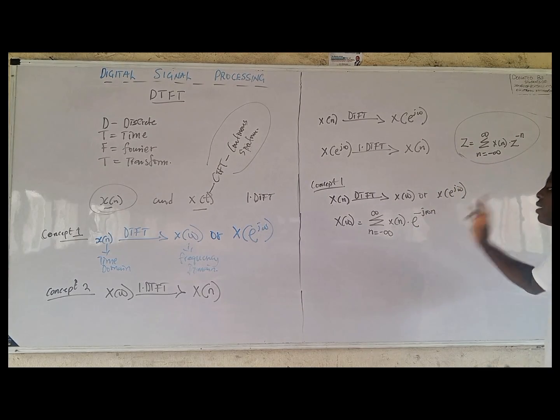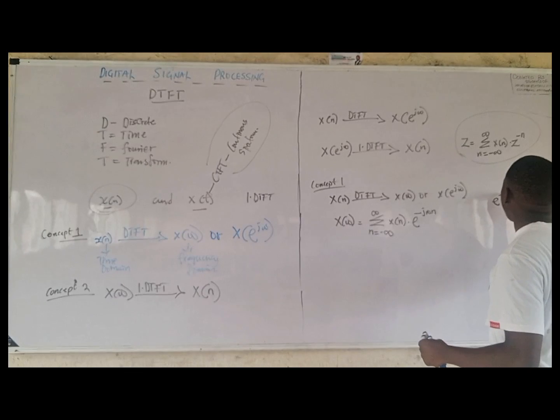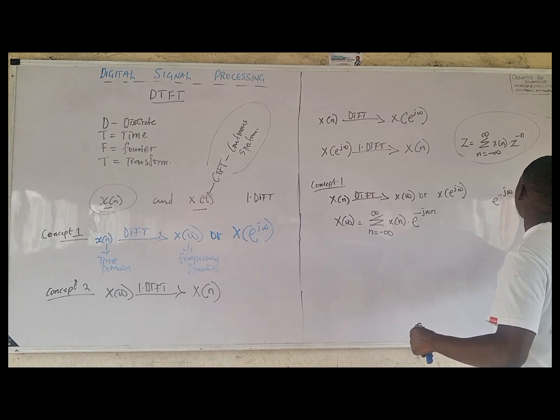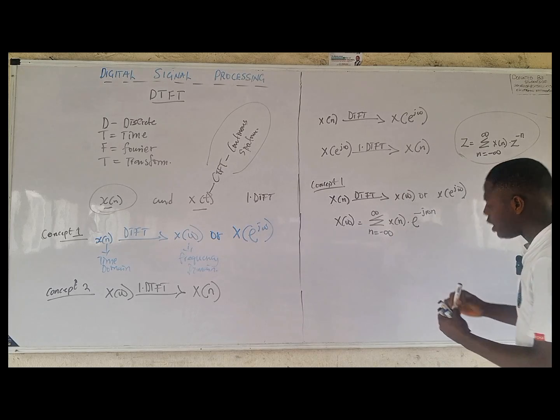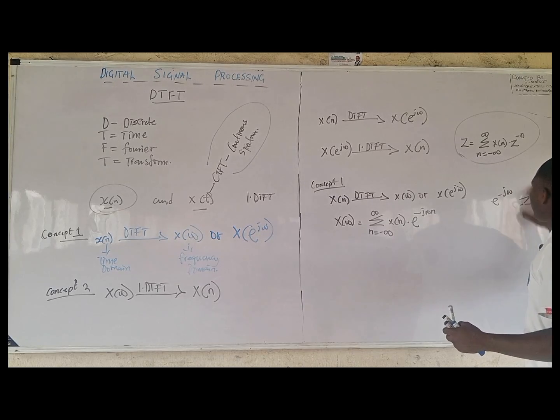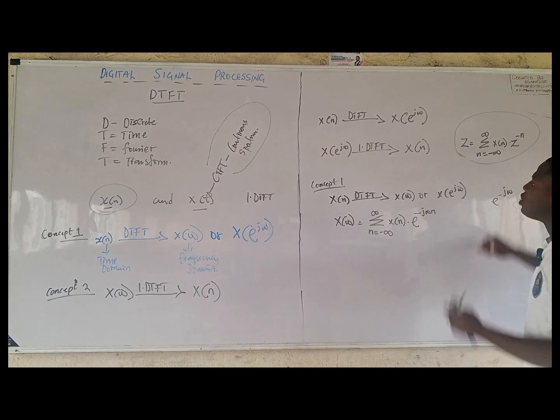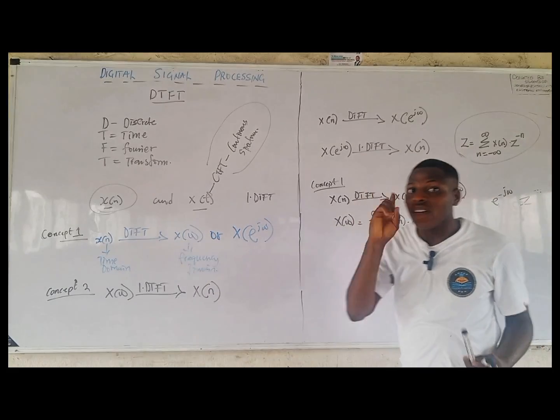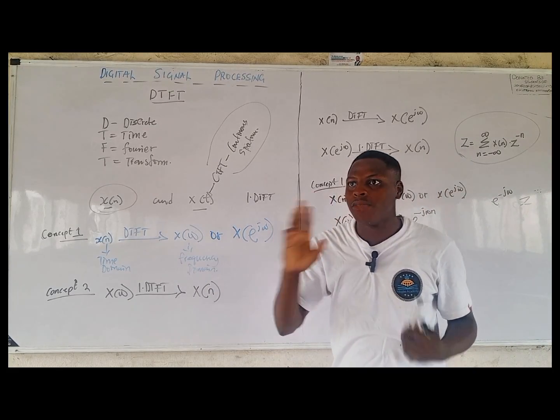Now what's the difference? The difference is e to the minus jω. What do you have here? This one is happening as z to the minus n. So if you remove this and you put this in this equation, you will simply get the DTFT equation. Are we together? Now recall, Z transform is not our interest.